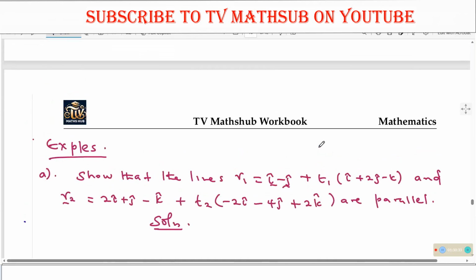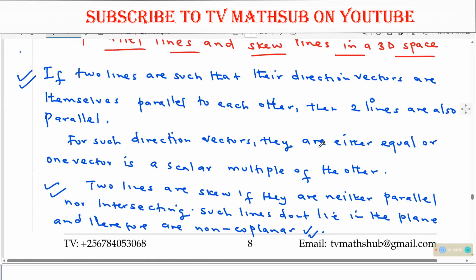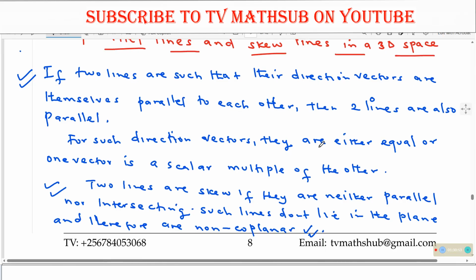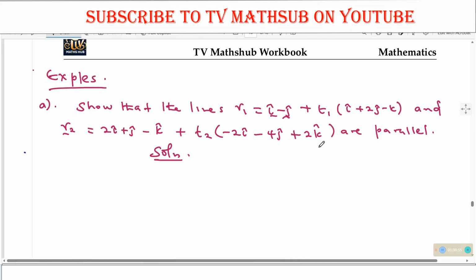I take you back to the conditions. This is what we said here. So from that, what should happen? One is a scalar multiple of the other. So what should we do here for this question? Because last time we talked about parallel vectors.